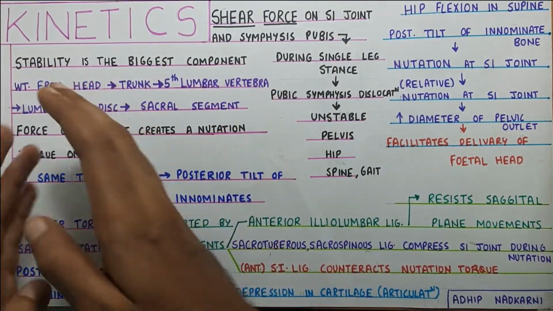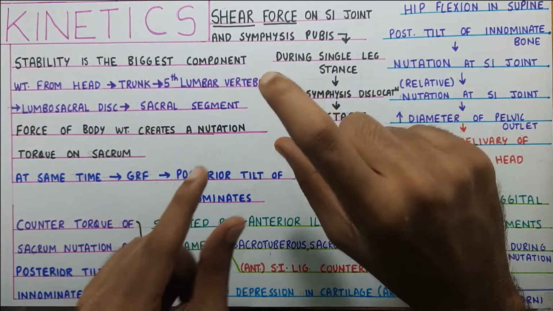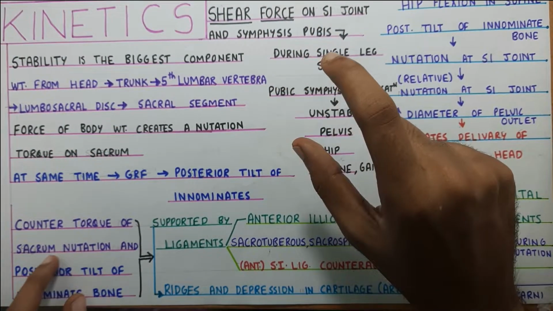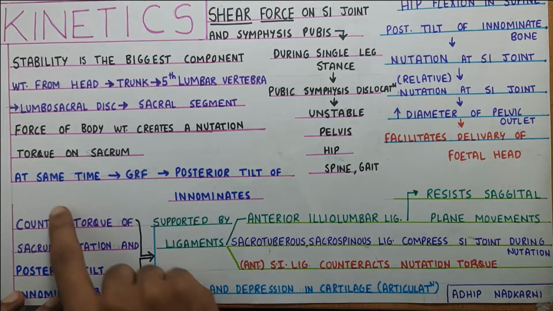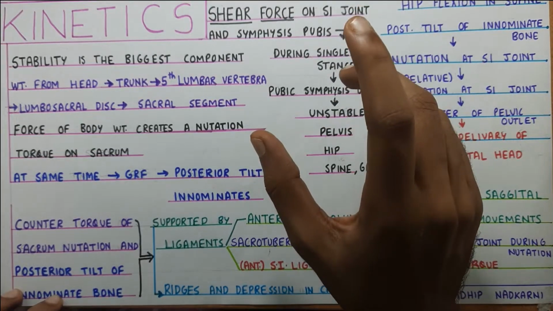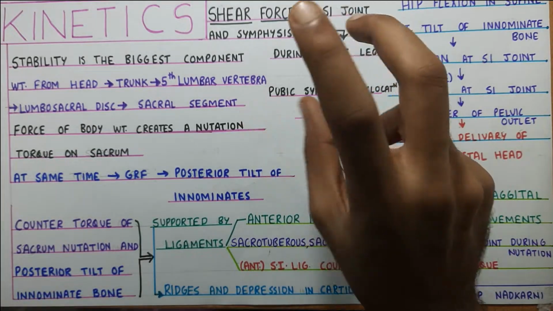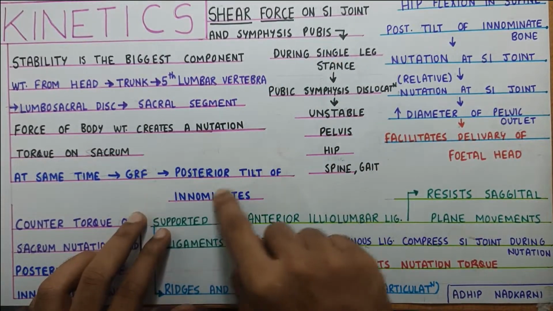And then we saw how torque is created by the body weight from the top, which causes a sacral nutation over here, right? And then the posterior pelvic tilt is also caused when the ground reaction force is coming and the extensors are firing. That posterior pelvic tilt creates an overall nutation at the SI joint.